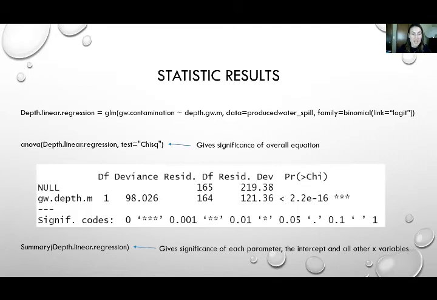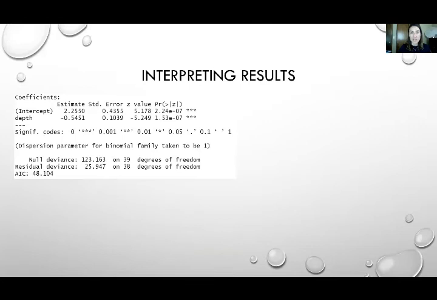Oh, and then the last thing I'll mention here is that I call the summary of the logistic regression. This is where we'll get the parameter estimates and the intercepts and any other X variables that you've included in your equation. Here are the results in R that you would get from doing the summary of the logistic regression.